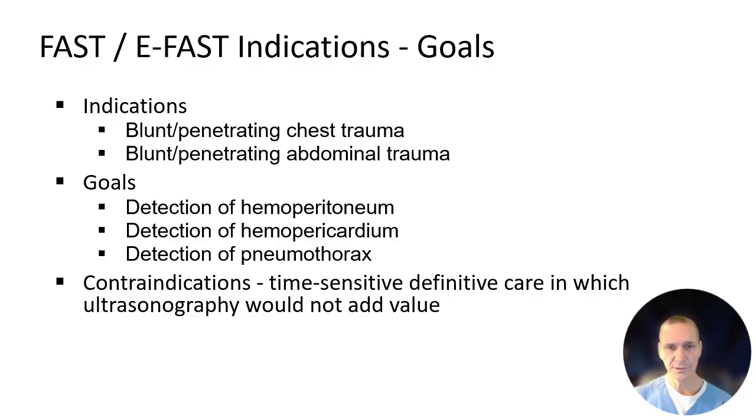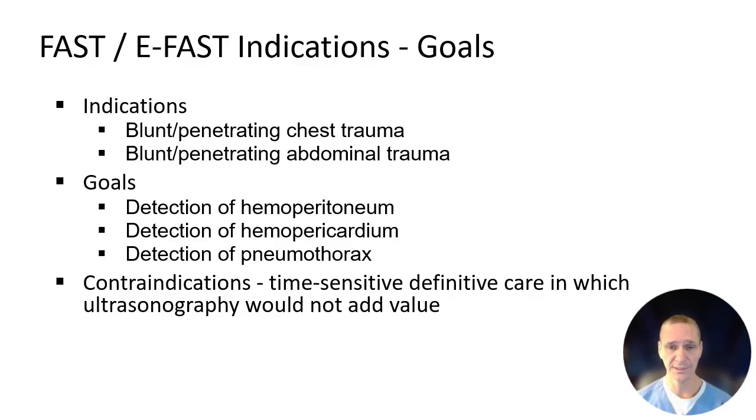The indications for the eFAST exam include blunt and penetrating chest and abdominal trauma. Your goals are really to detect hemoperitoneum, detect hemopericardium, and detect a pneumothorax. It's important to say we're not trying to quantify here exactly what the heart's doing or where the bleeding is.